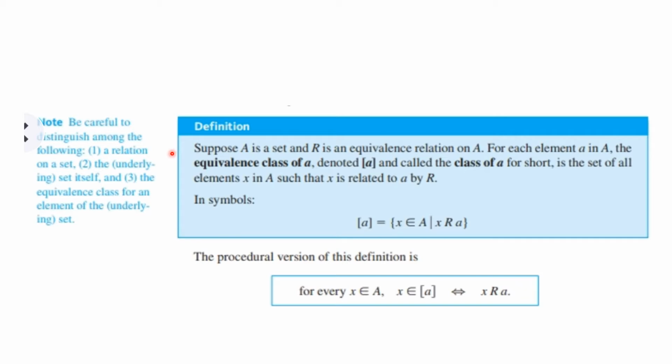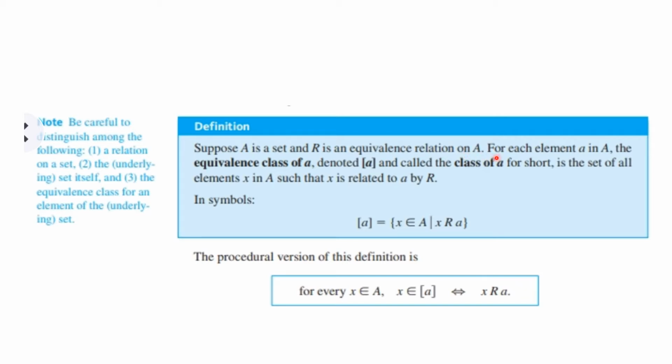And we can represent them in the same way. We could say, okay, all balls that are blue, we could be talking about the blue balls and green balls and red balls. We have a definition here about what is called an equivalence class. So suppose A is a set and R is an equivalence relation. It has to be an equivalence relation to talk about this.